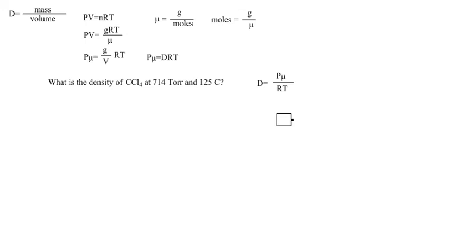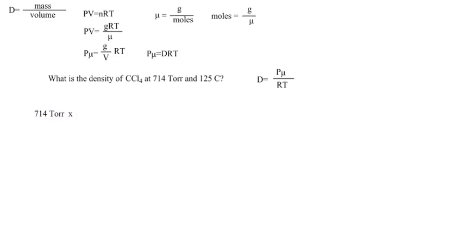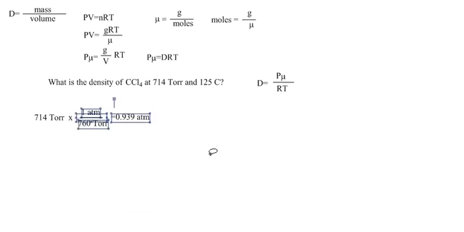The first thing we need to do is convert our torr into atmospheres. So we're going to take our pressure in torr, and multiply it by 1 atmosphere per 760 torr and find out that that equals 0.939 atmospheres.